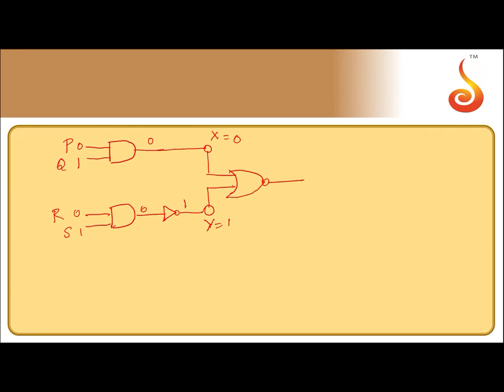If it would have been OR gate, you should have got 1. But since it is NOR gate, that should be equal to 0. So it should be 0, 1, 0. That should be option C. X is equal to 0, Y is equal to 1, Z is equal to 0. That is option C.